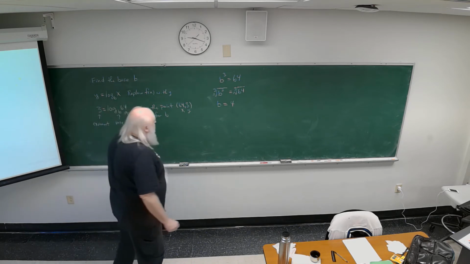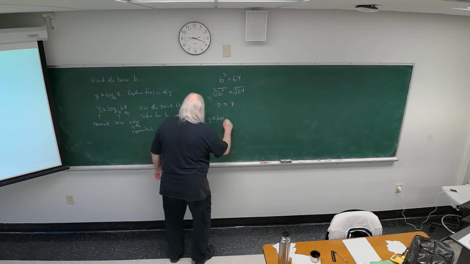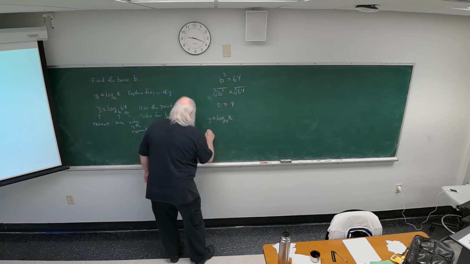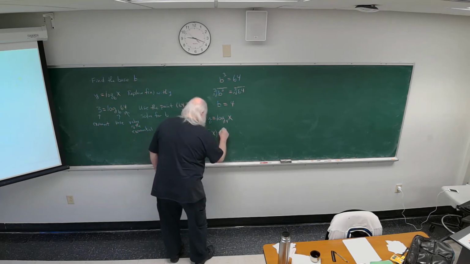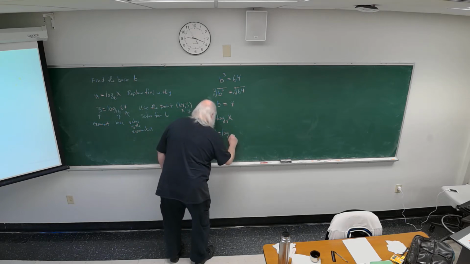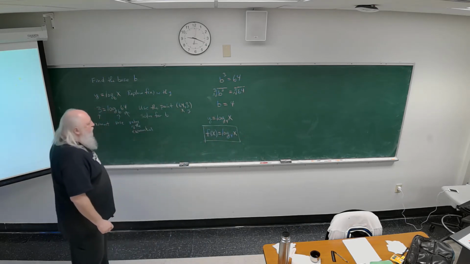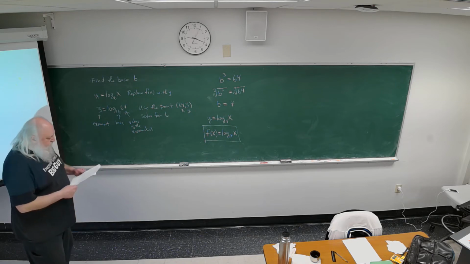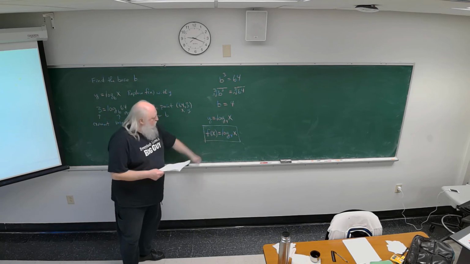So we put 4 in for b, and replace y with f of x. And now we have our logarithmic function. f of x is the log base 4 of x. And if you evaluate this at x equals 64, you get log base 4 of 64 is equal to 3.